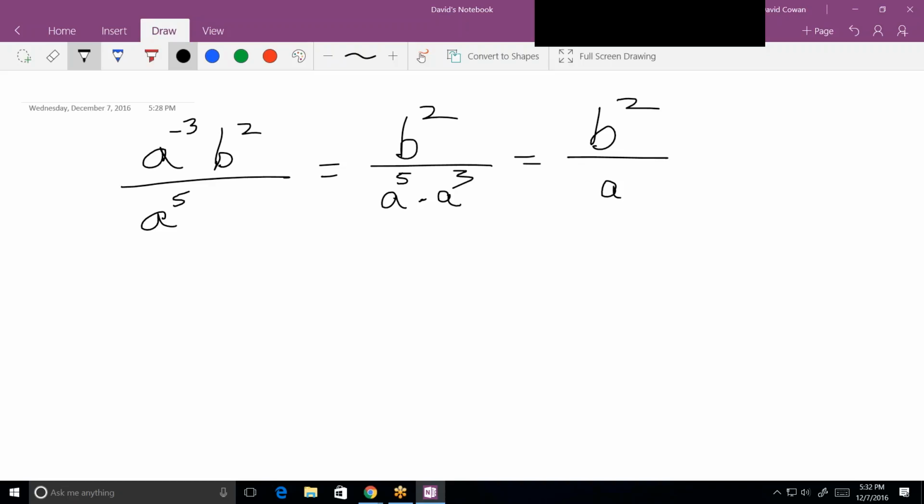No, we're multiplying. Even though it looks like we're dividing, all we're doing at the moment is simplifying that part right there. And that's multiplication. So it's a to the eighth. We add exponents. Okay?